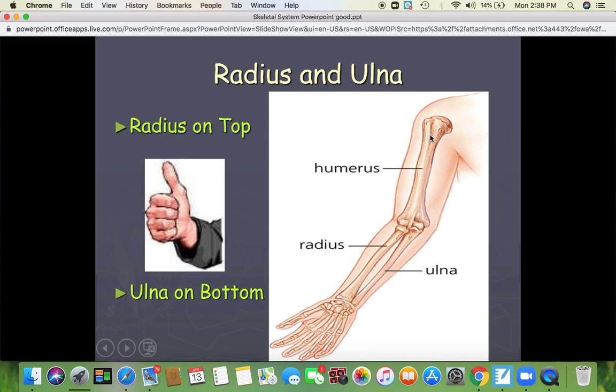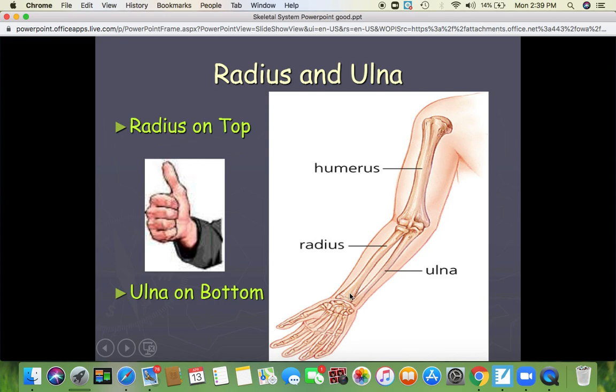Well, if you're standing with your arm in anatomical position, your radius is on the outside and your ulna is on the inside. If you flip your hand to your palm down, then those bones are going to switch positions. So we say in anatomical position, the radius is on the outside, and you notice it's connected here, and it's thin.